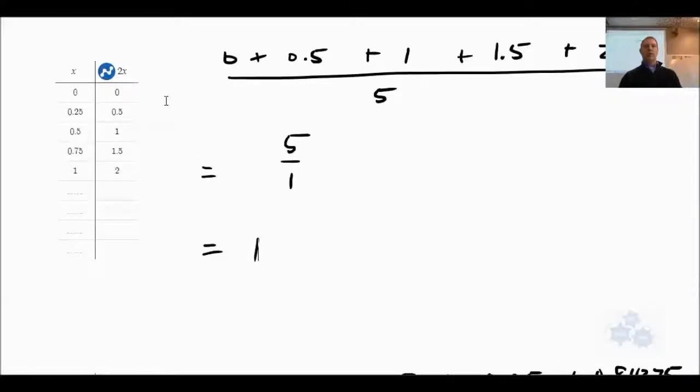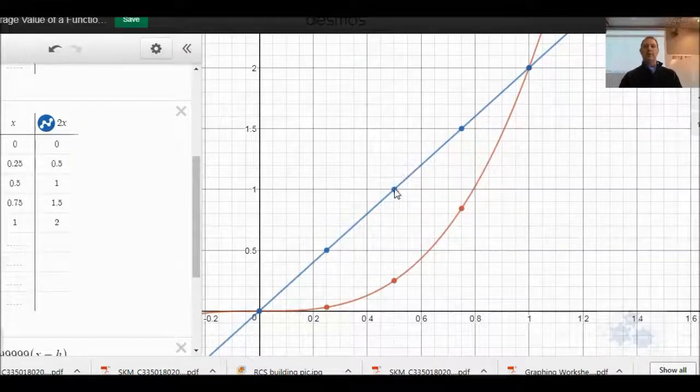So we started that over here in the notes, so I just copied that chart. If you add up all of these y values that are taken at regular intervals within that interval, we find that the average value is 1. Now that's the y value that we have here. The y value is 1. Okay, so that's great.